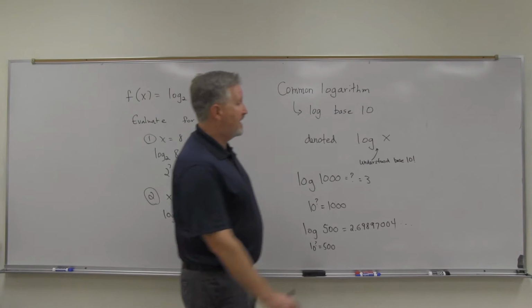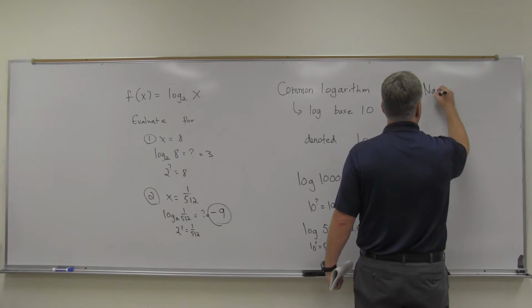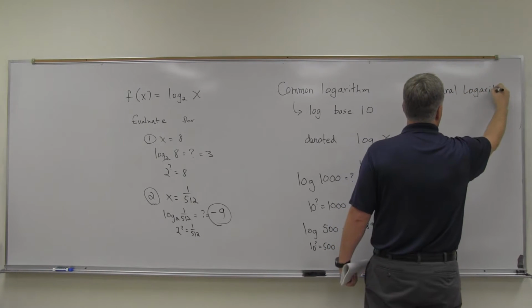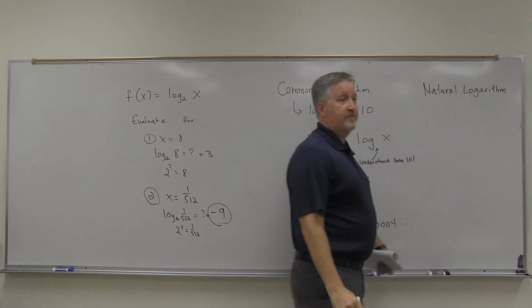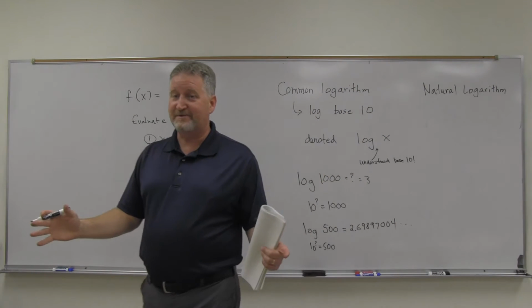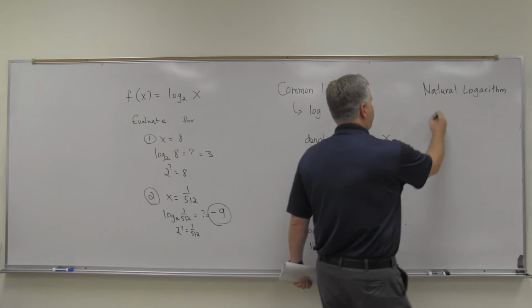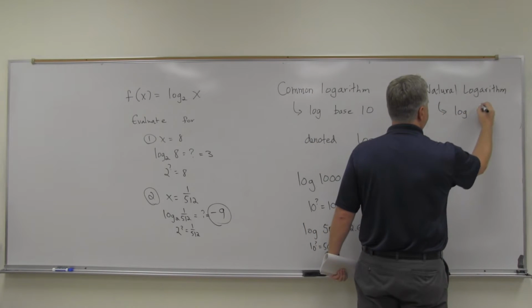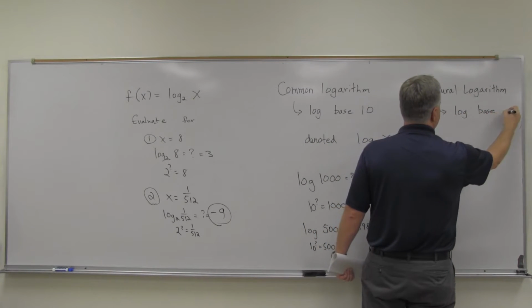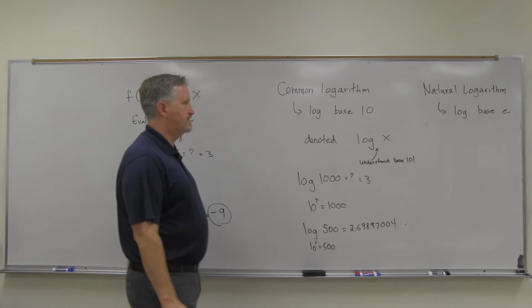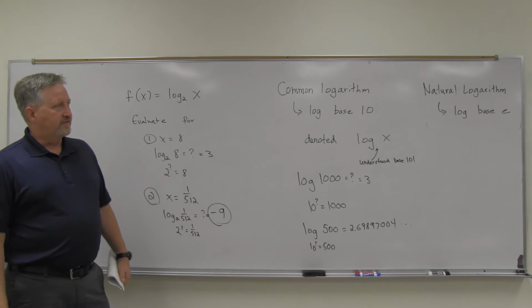Also, we have the natural logarithm. And if you remember, we talked about the natural base. What was the natural base? E. It was base E. Natural logarithm is logarithm base E. So it's just like the natural base, and that's why we call it the natural logarithm.